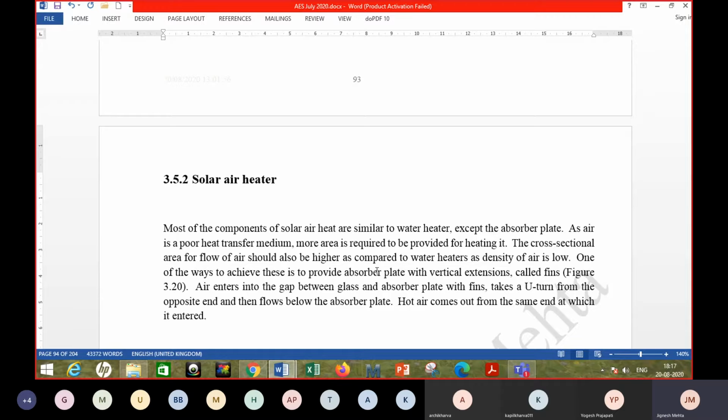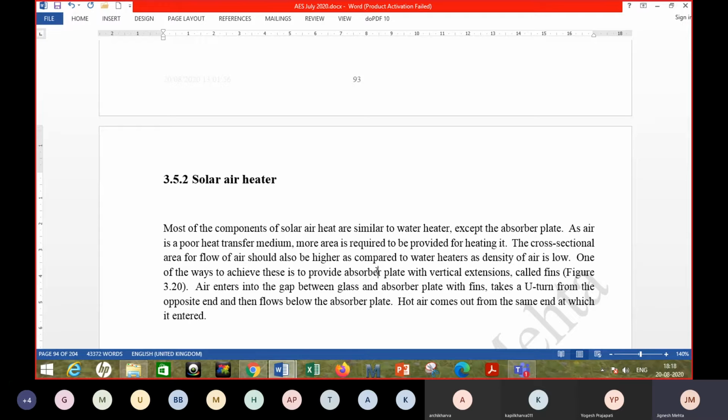Now, air and water as fluids have very different types of characteristics. Their properties are very much different. Particularly, there are two things that we would like to highlight here. One is that the density of water is almost 1,000 times that of air, or the specific volume of air is almost 1,000 times that of water.